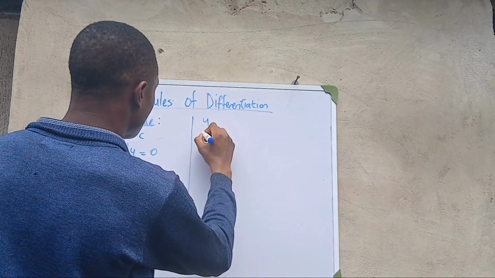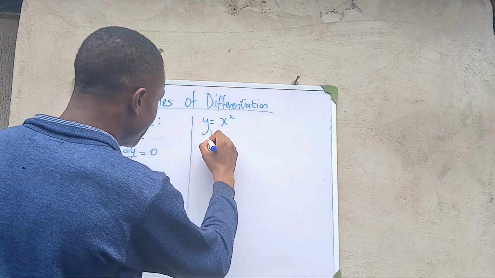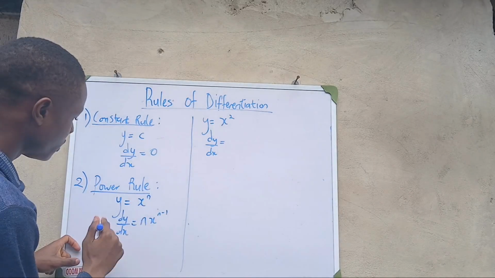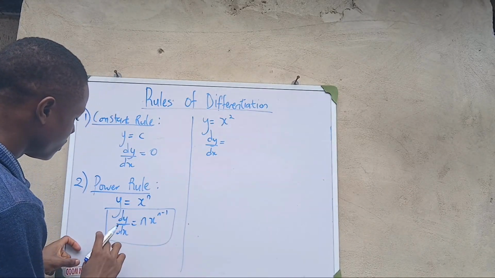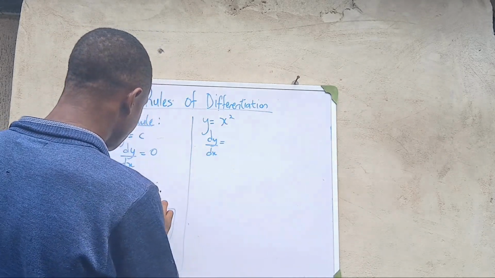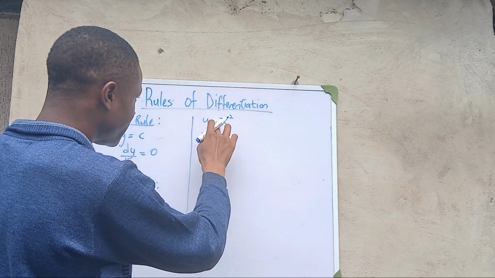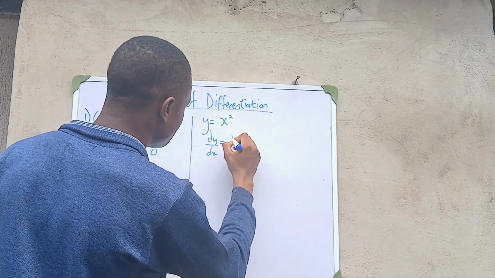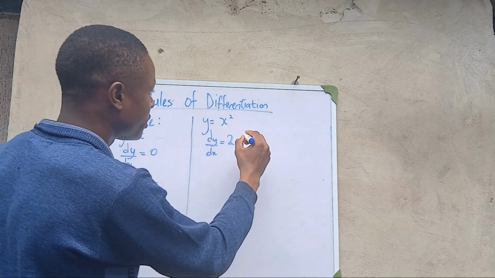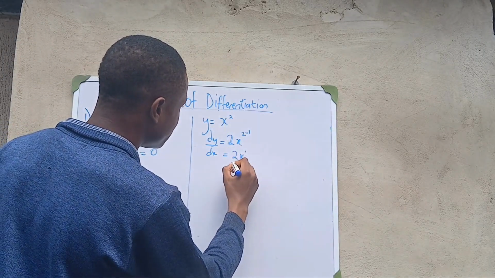Let's say we have y is equal to x squared. Using this formula, our n is 2 in this case. So the 2 is going to multiply and go here, so we have 2x. Then we subtract 1 from the power, 2 minus 1, so that is 2x raised to the power 1, which is 2x.